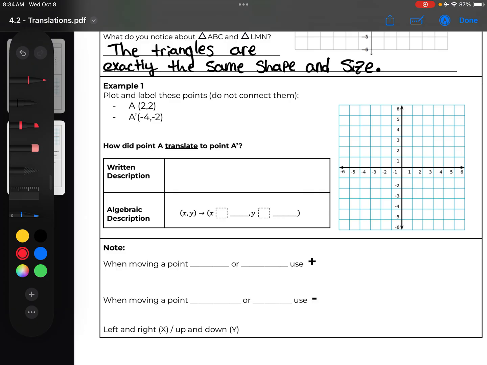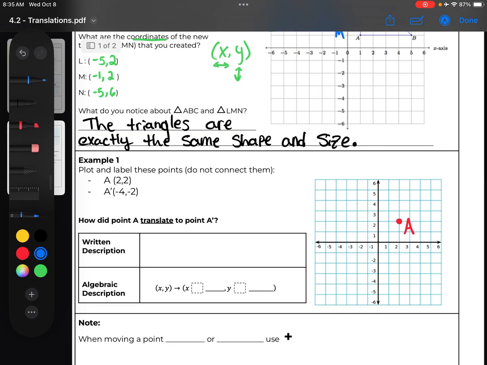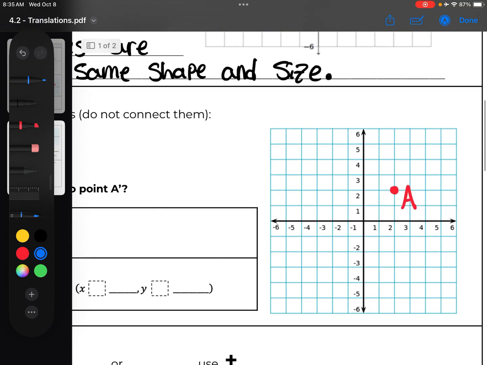All right, so A is at 2, 2. And A prime is at -4, -2.